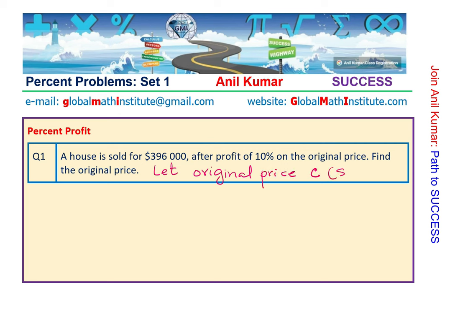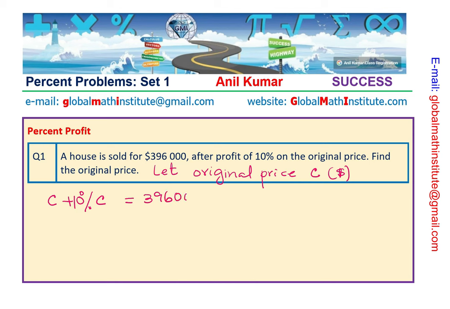So of course this is in dollars. Now when you are trying to sell the house on 10% profit means profit is on the cost price. So C plus 10% of the cost price, and that gives you a total amount of 396,000. Clear?